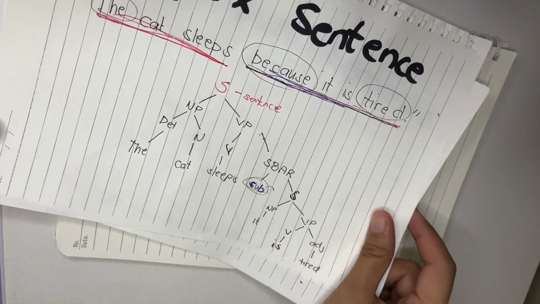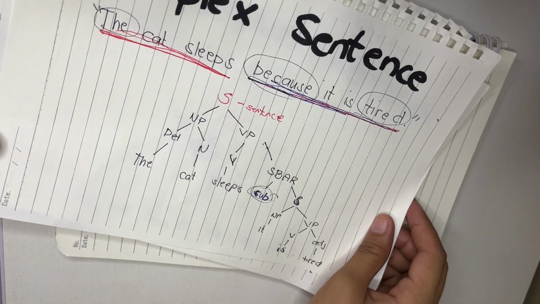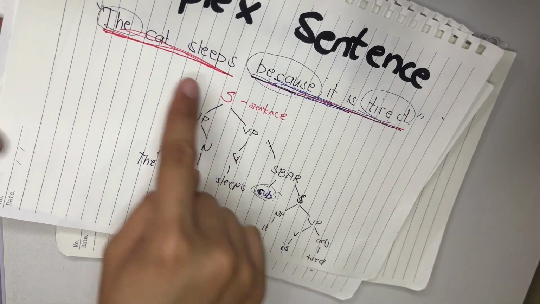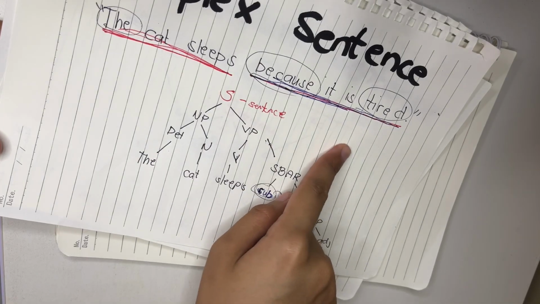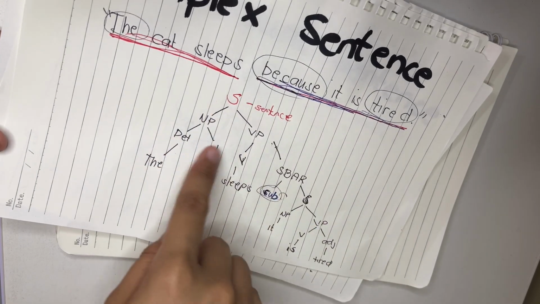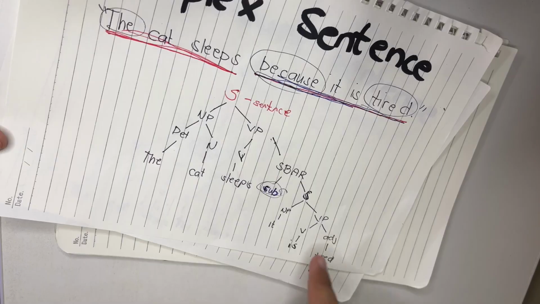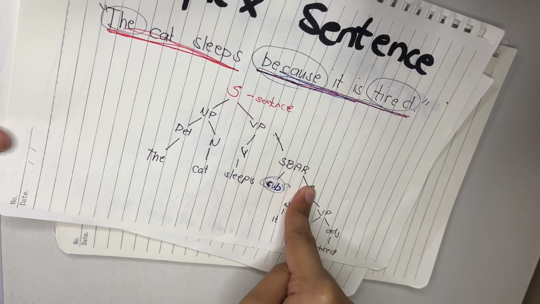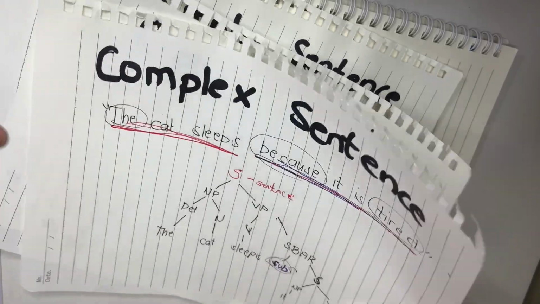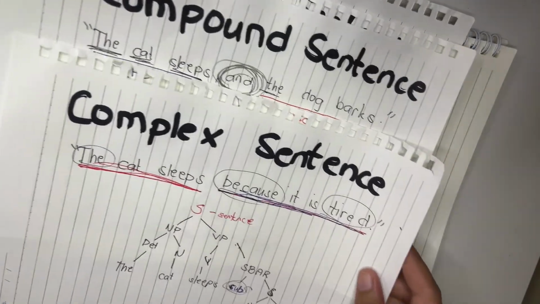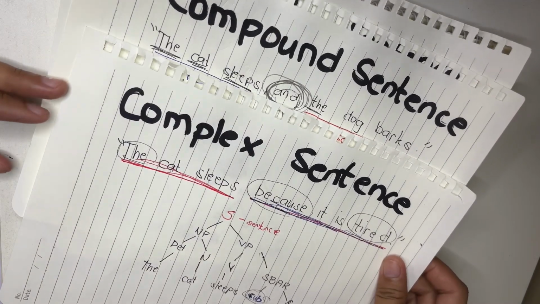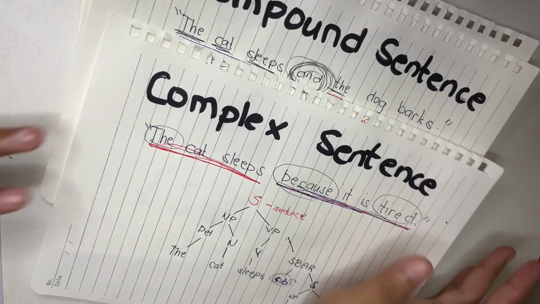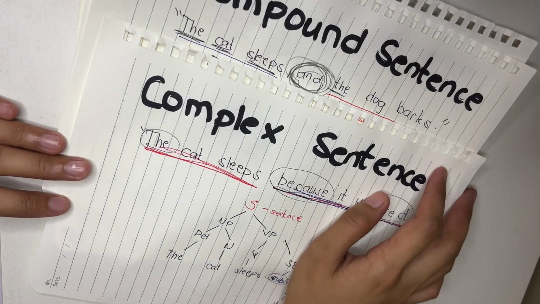In a complex sentence, it contains a dependent clause introduced by a subordinator, here, because. So another sentence here. In syntax, trees help us see how these components fit together grammatically. So, thank you for watching and keep practicing your sentence analysis.